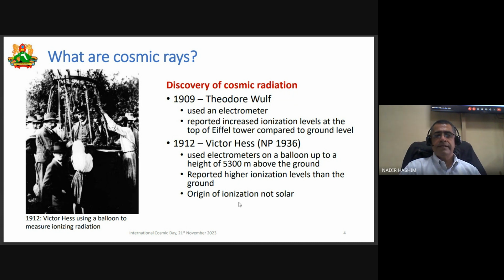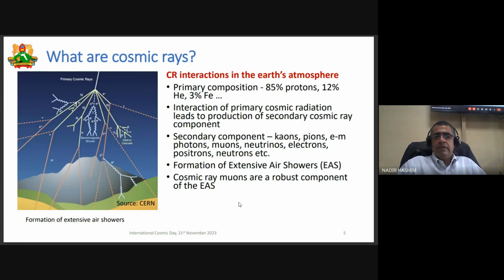A few years later, in 1912, Victor Hess used electrometers on a balloon up to a height of 5,300 meters above the ground, and reported high ionization levels compared to the ground. The origin of this ionization was not solar, it was not from the ground, and so it was named cosmic origin. And later on in 1936, he was awarded the Nobel Prize.